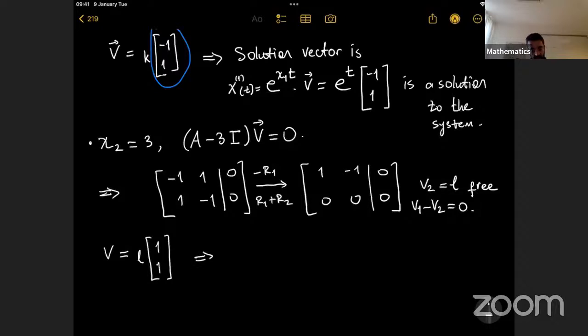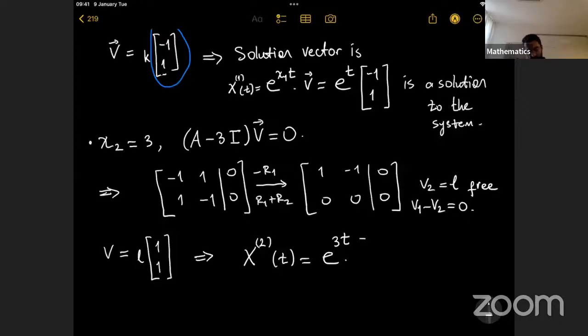And the solution x2 is another solution, which is e to the 3t times (1, 1).